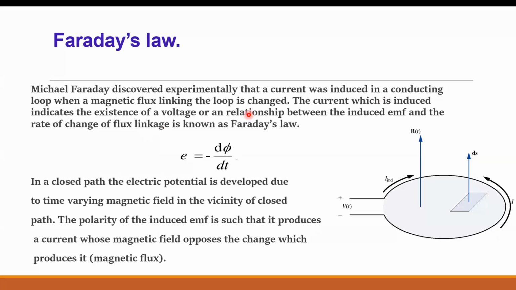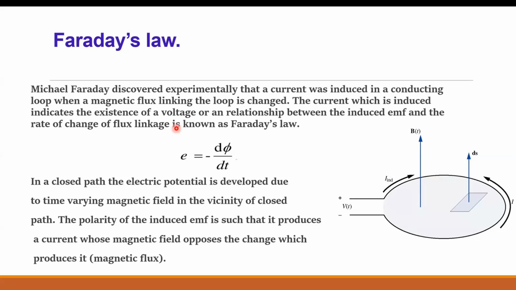The current which is induced indicates the existence of a voltage, a relationship between induced EMF and the rate of change of flux linkage, and that is known as Faraday's law. So whatever EMF is induced on the secondary side of the transformer is linked to the variation of flux, and it is given by E is equal to minus d phi by dt, right?